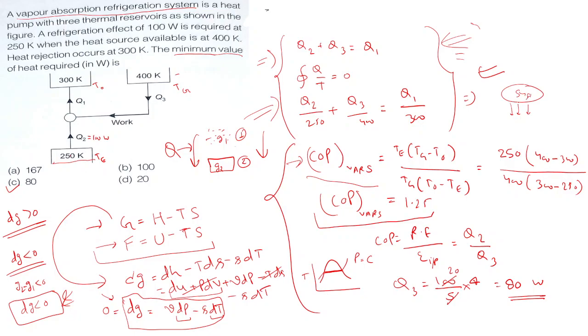In order to make some reactions happen, you have to provide the heat. If you are giving the heat, then it is endothermic. If heat is coming out of the system, then it is exothermic. Clear or not?